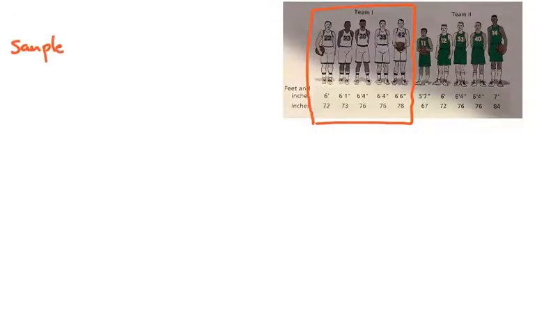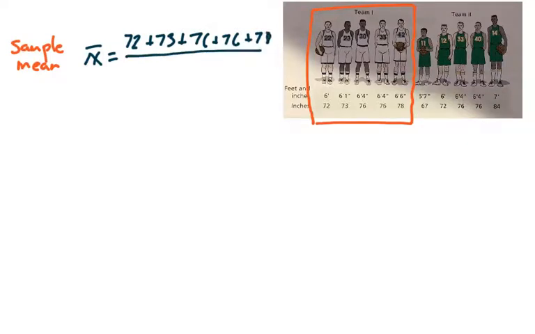The sample mean is equal to 72 plus 73 plus 76 plus 76 plus 78, and we're going to divide that by 5, since there are 5 players. 72 plus 73 plus 76 plus 76 plus 78 is 375, and 375 divided by 5 is equivalent to 75.